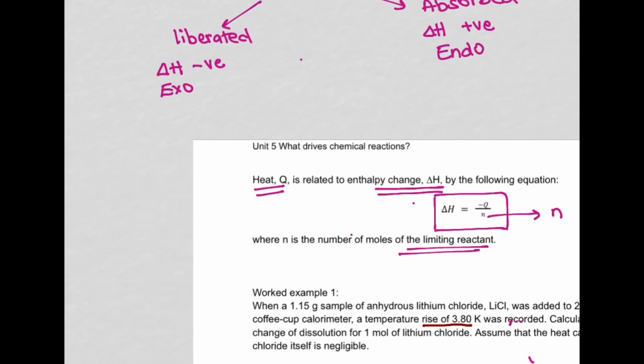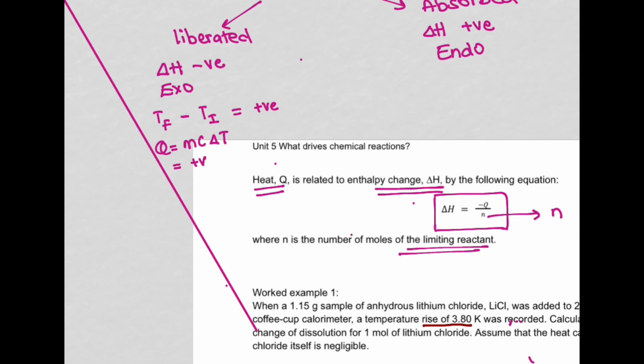Now, when it is exothermic, final temperature is going to be greater than initial temperature, so that when you do the difference, it's going to be a positive value. So Q, you know that Q is equal to mc delta T, is going to be positive for an exothermic reaction, because change in temperature is going to be positive because final temperature is greater than initial temperature.